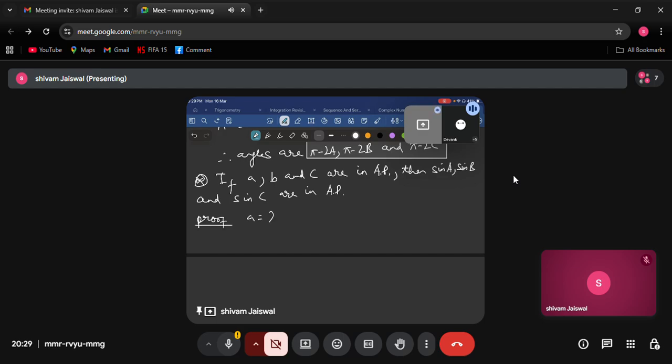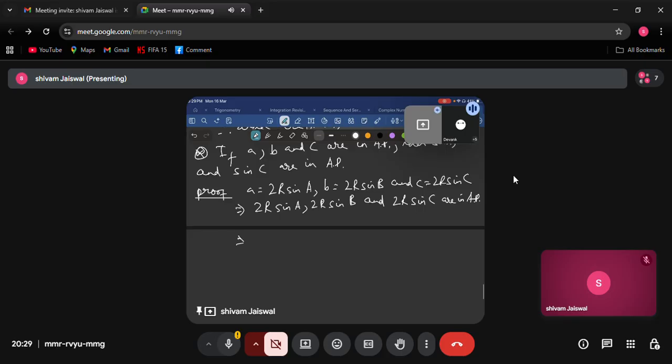a is equal to 2r sine A, b is equal to 2r sine B, and c is equal to 2r sine C. So 2r sine A, 2r sine B, and 2r sine C are in AP. So what you do is you divide by 2r.